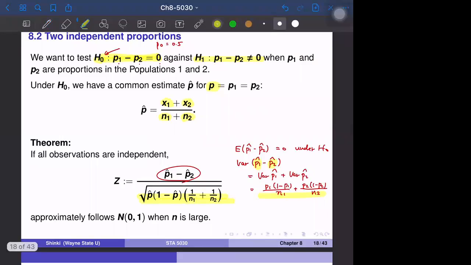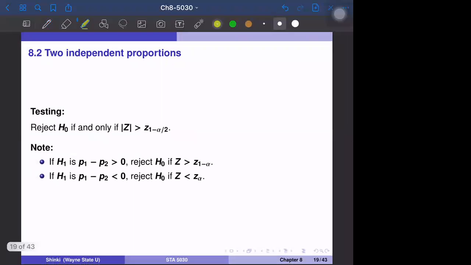Now we know that this Z is approximately normal(0,1). If Z is large in absolute value, we reject the null hypothesis against this alternative. A one-sided test is also possible, and in such a case the rejection region is only one side of the standard normal distribution.